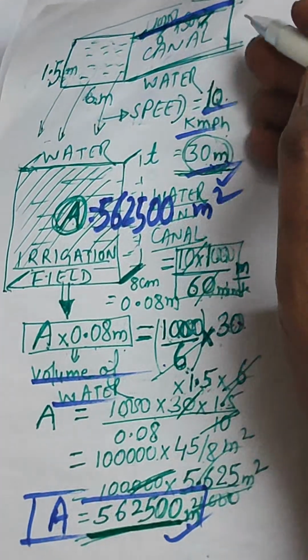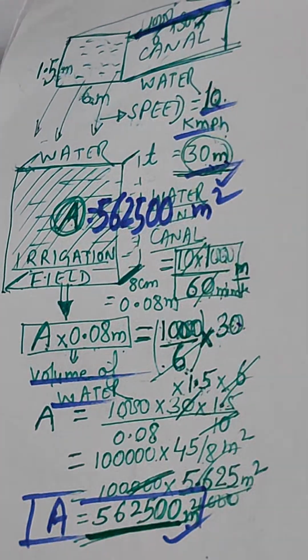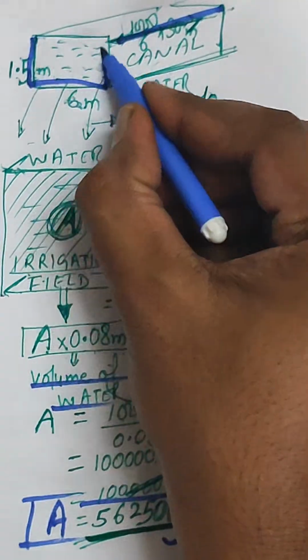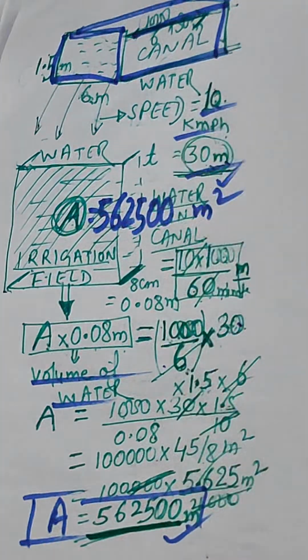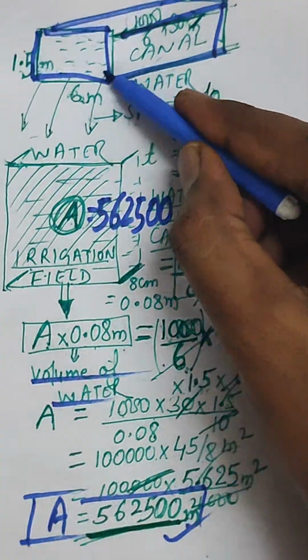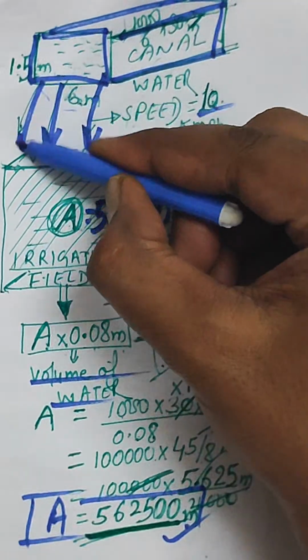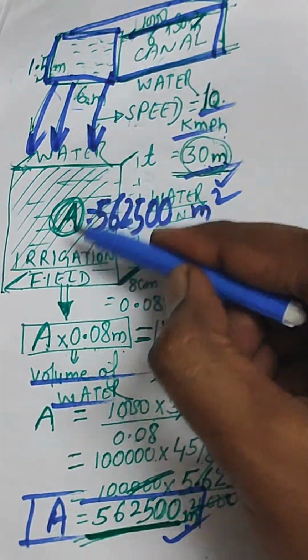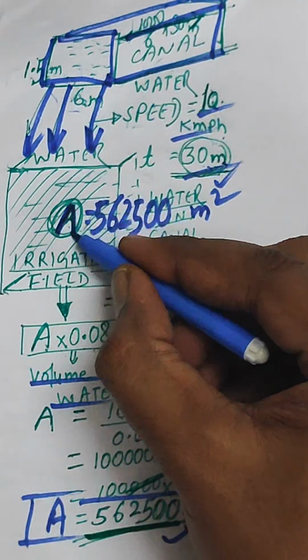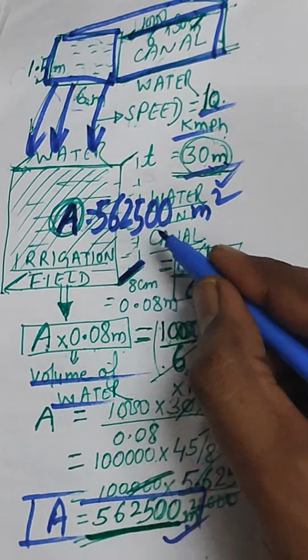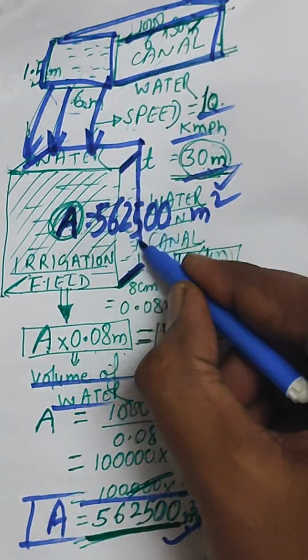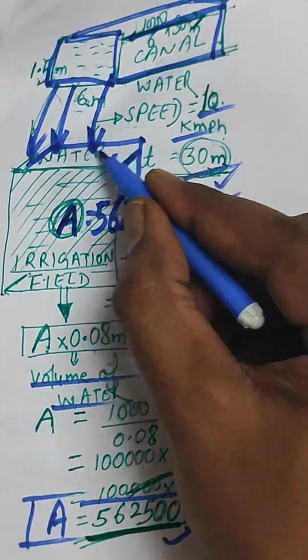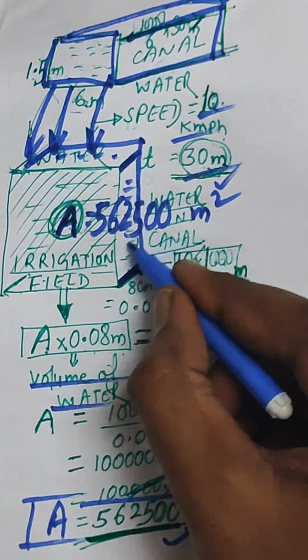So this will give you, you can see, just like a cuboid of water, right, like this. And this will be flowing into a land which has some area, okay, and the water standing over it till a height of 0.8. So you can see here also a cuboid will be formed and water will be standing in it, right?